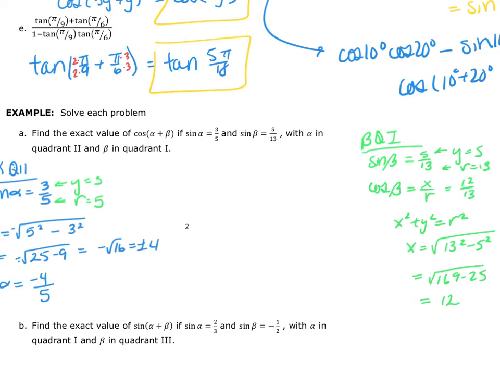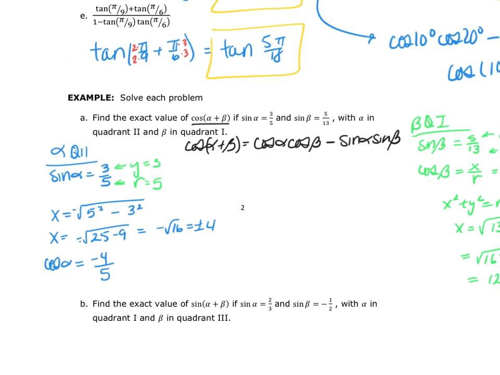Now, I'm finally able to do this part. The cosine of alpha plus beta is equal to the cosine of alpha, cosine of beta, minus the sine of alpha, sine of beta. The cosine of alpha is this, so I replace this with -4/5.